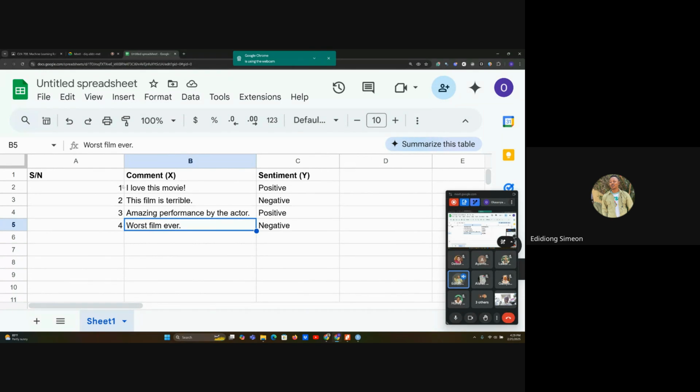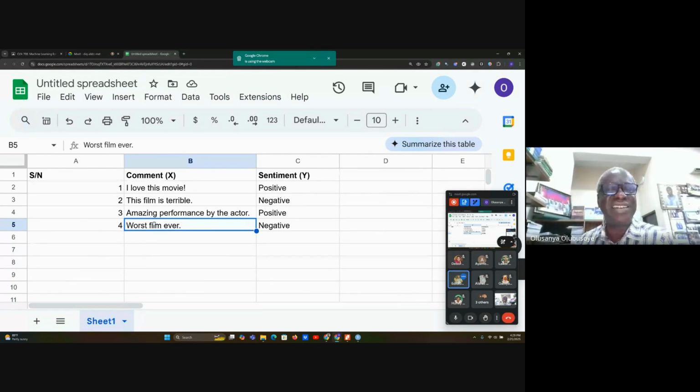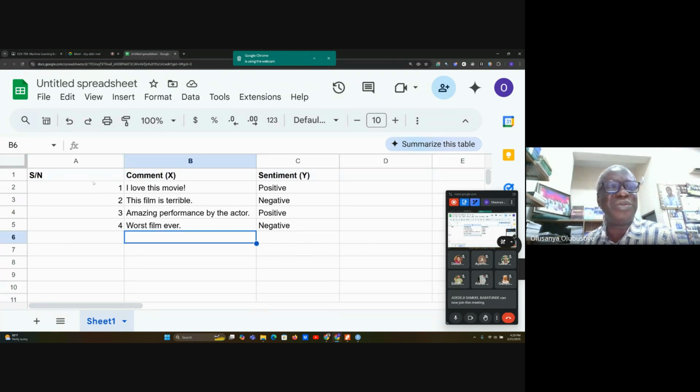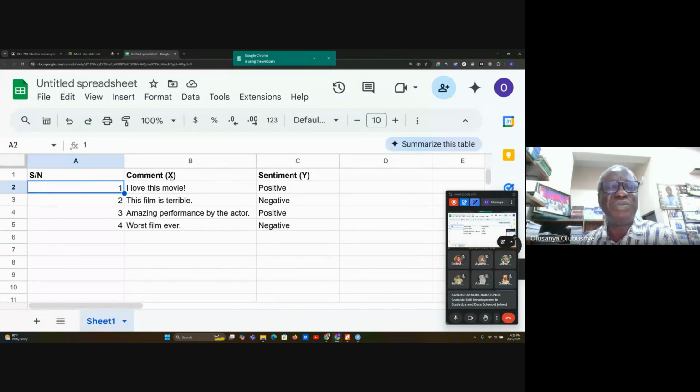I said after this lecture, you will also generate your own data set, which might be much more than this. It could be on your WhatsApp group. It could also be about a film.